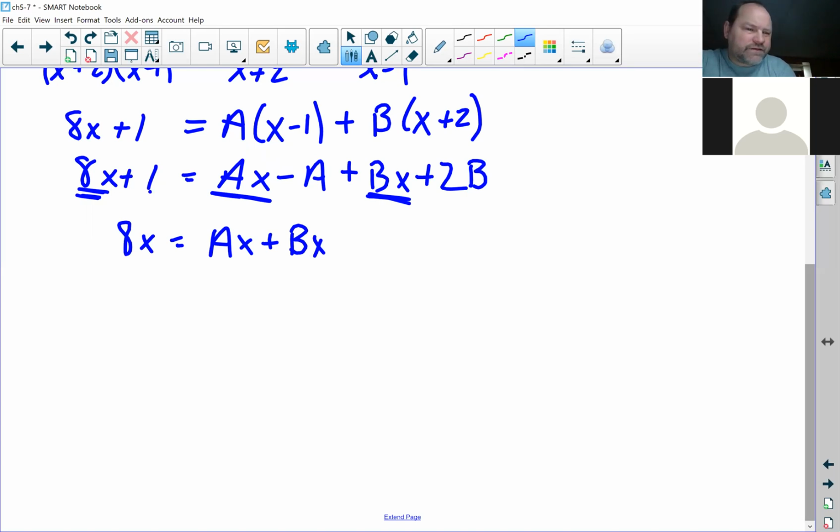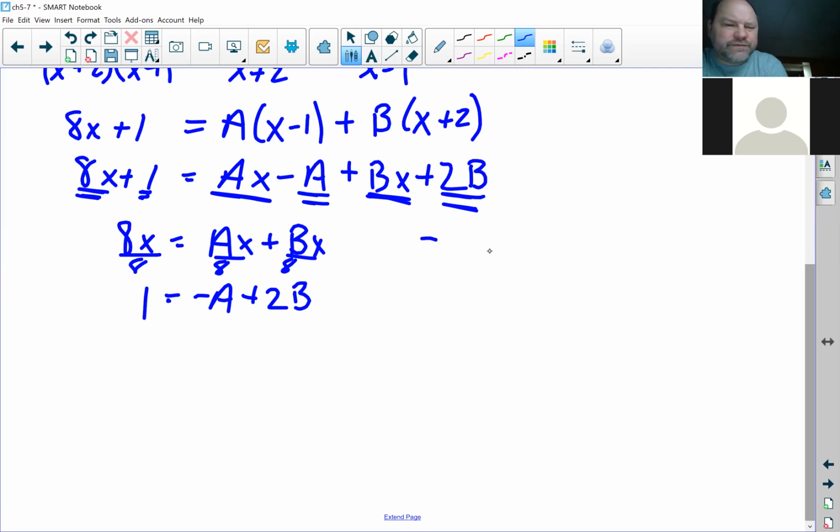And then my constant term 1, I have to be able to get by taking negative a plus 2b. On the top equation, I'm going to divide everything by x. So if I divide everything by x, I get 8 equals a plus b.